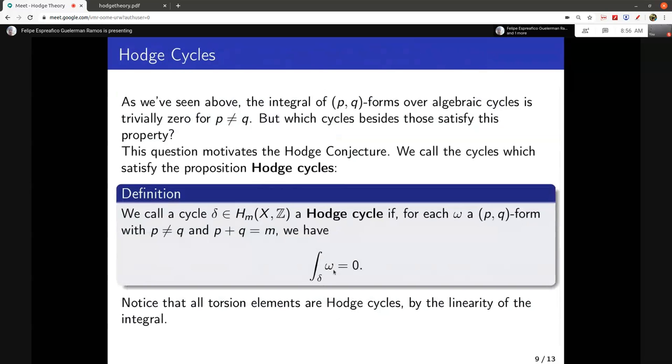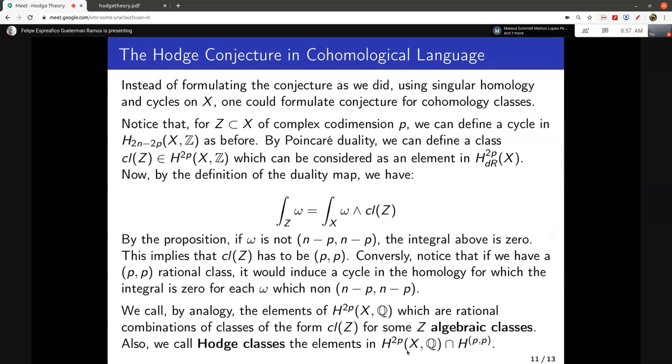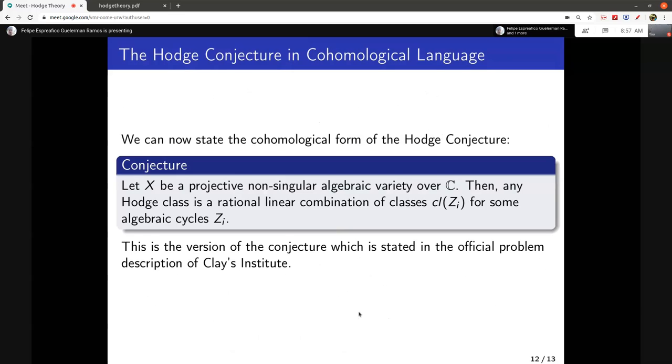This makes sense with Hodge cycles and algebraic cycles. So Hodge classes are just these elements here, and algebraic classes are the classes which are rational combinations of CL of Z.